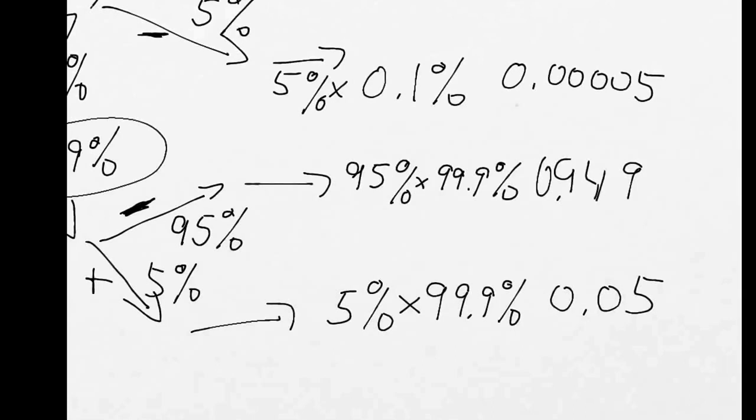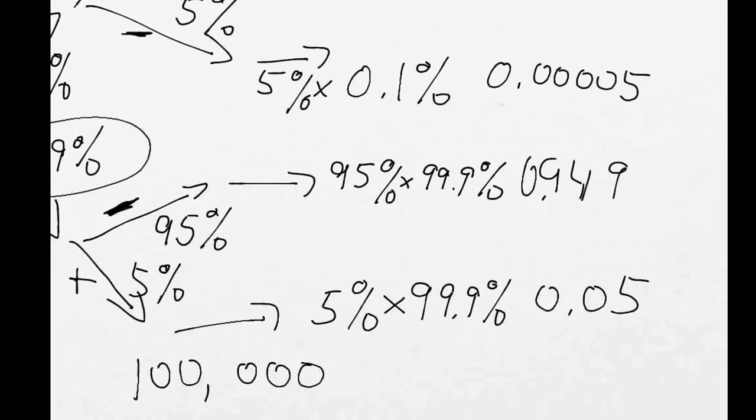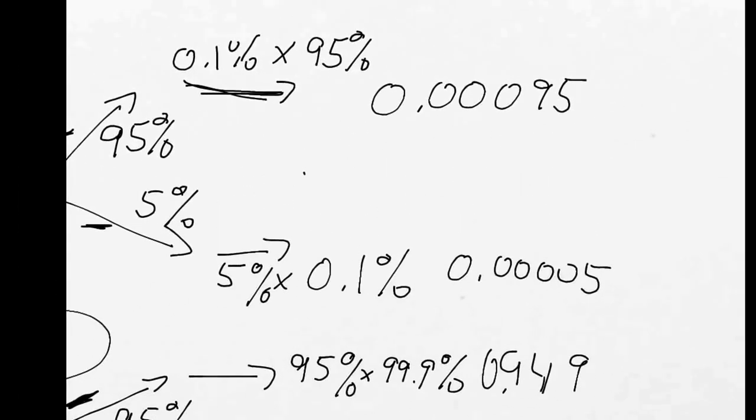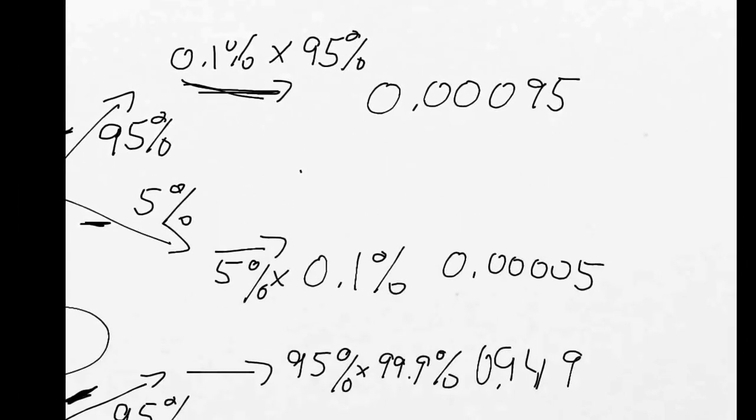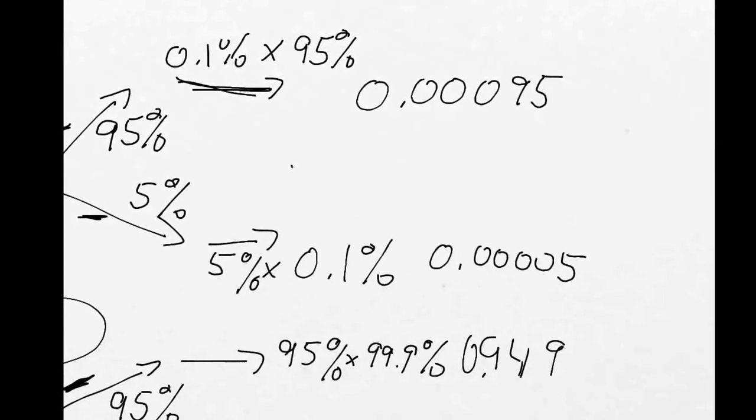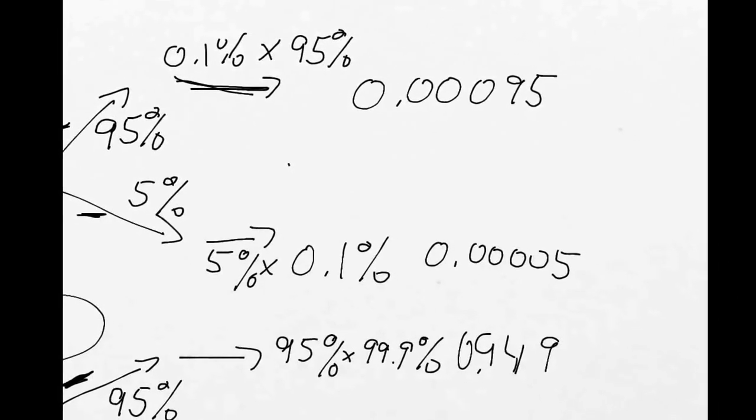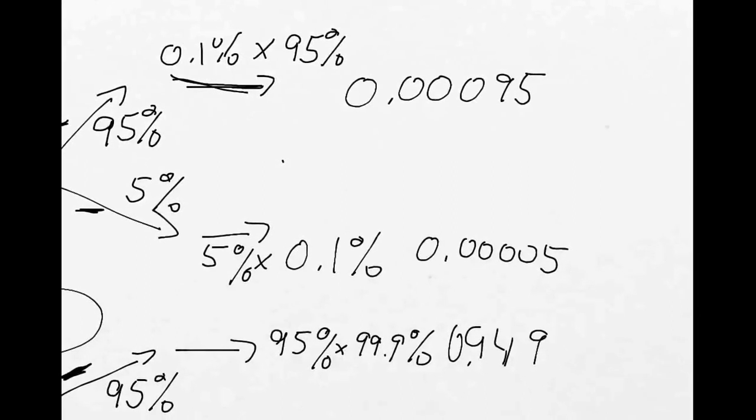Let's say we have a population of 100,000 people. So we can multiply each number with 100,000 and we would get a number out of 100,000. So that means, for example, we have 95 people of these 100,000 with disease that test positive.